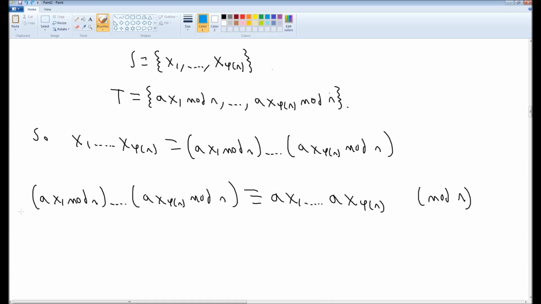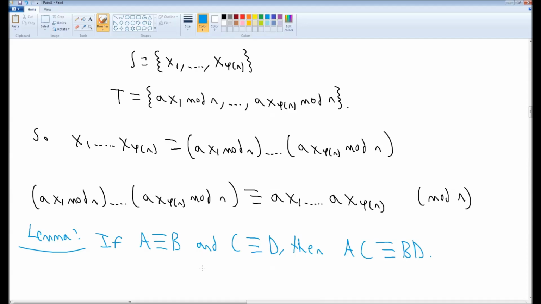And why is that? Well, there's a little fact of modular arithmetic we can use that says if a is congruent to b and c is congruent to d, then a times c is congruent to b times d.